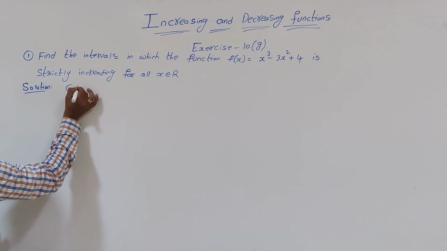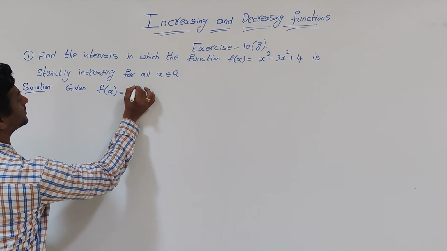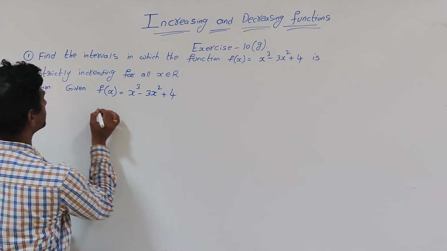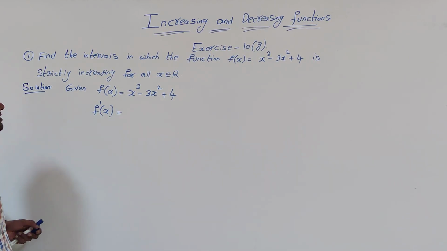So given f of x is equal to x cube minus 3x square plus 4, and what is the derivative of this function, f dash of x?